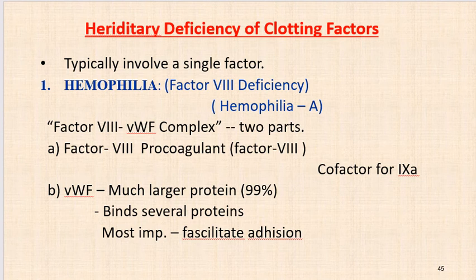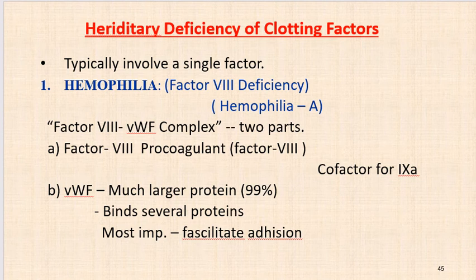It binds several proteins and it stabilizes the factor 8 procoagulant part. And the most important, this von Willebrand factor is most important for the function of factor 8 procoagulant part, because it facilitates adhesion of platelets.